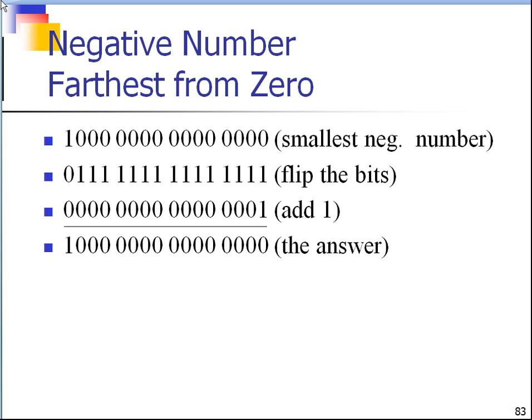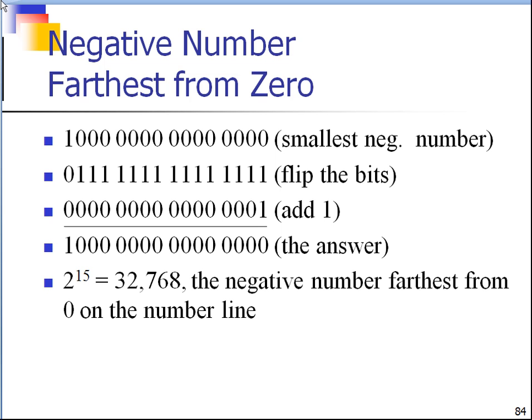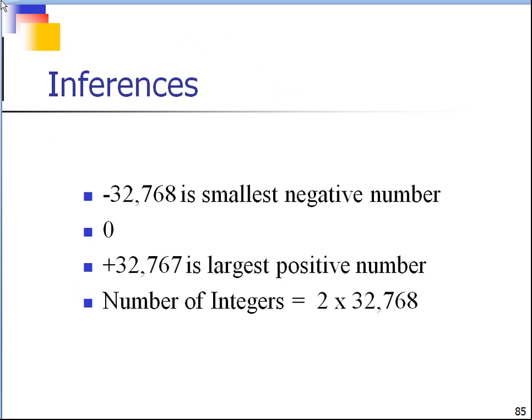And if you count these out, it's 0, 1, 2, 3, 4, 5, 6, 7, 8, 9, 10, 11, 12, 13, 14, 15. 2 to the 15th power is 32,768. So that particular number is negative 32,768.